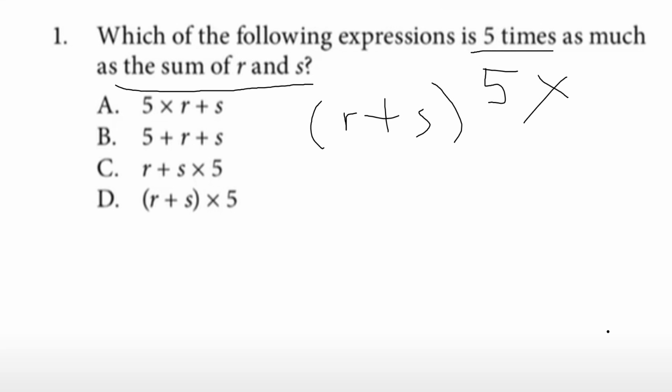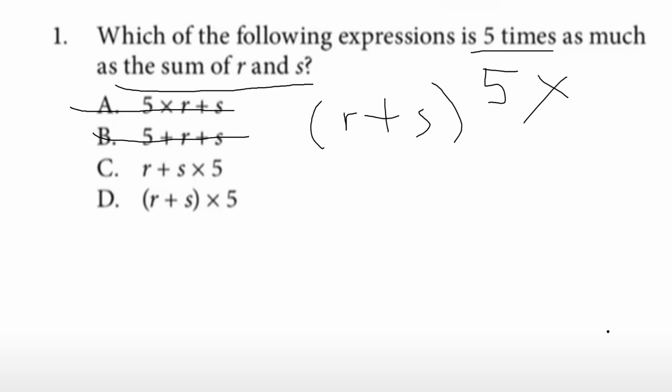So now I can start looking through and eliminating things. The first one kind of looks like 5 times R plus 1, but again, when it asks for the sum of, I usually think of something with the parentheses. So I'm going to scratch that one out. The second one, it says 5 plus R plus S. We know that's not right. The third one, R plus S times X times 5.